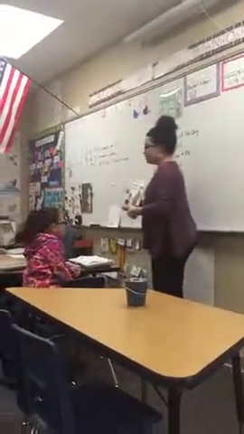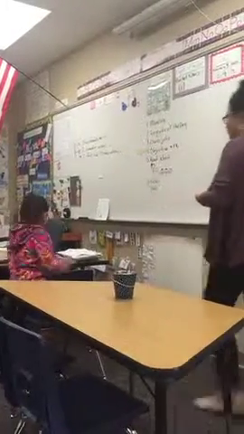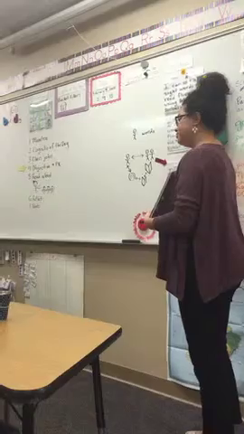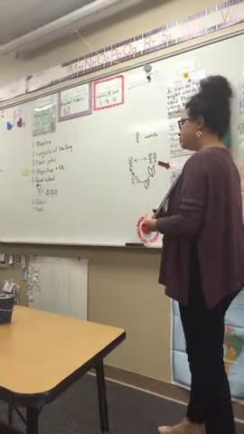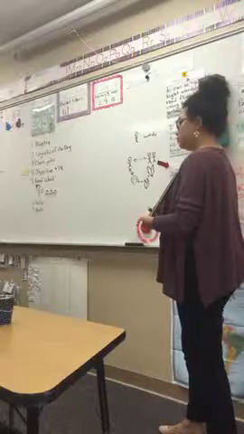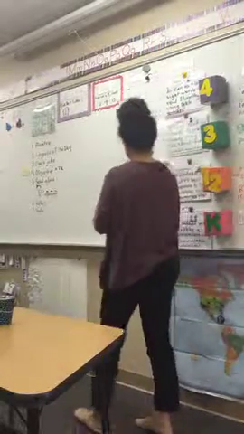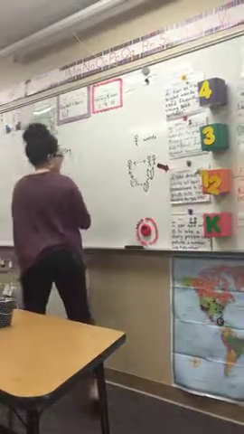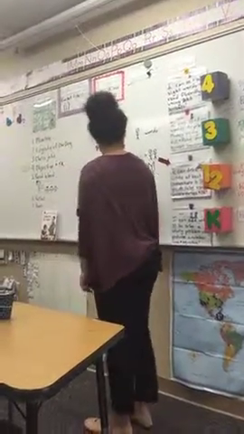Any other prior knowledge about this objective? What else do we know about this objective? Joseph. We are writing something about what happened to us or one of our family members. So Joseph said we're writing, so we can use words for this objective.